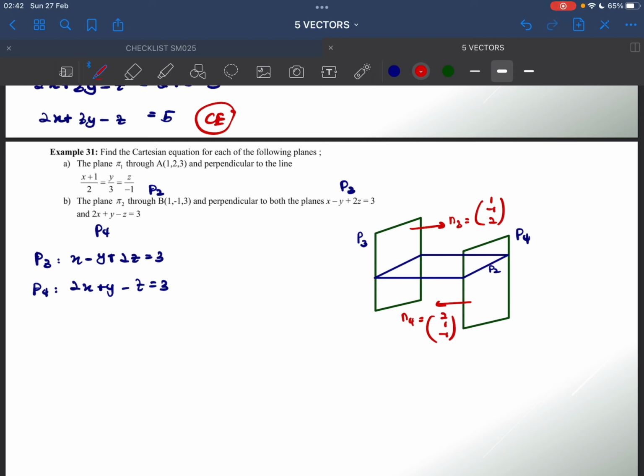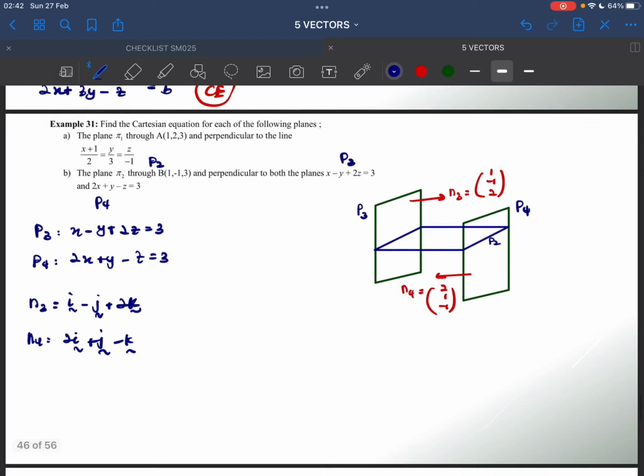Okay, so let's write that down. We have normal 3 equals i minus j plus 2k, and normal 4 equals 2i plus j minus k. So now the question is, we want to find the equation of plane 2.